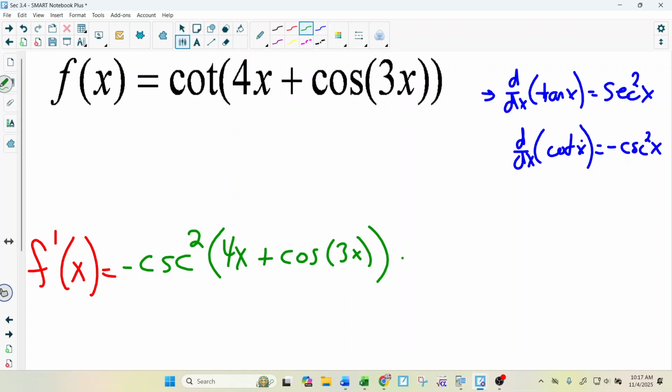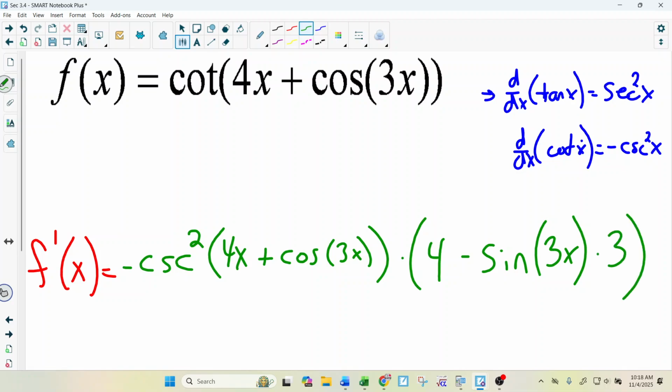Next, times the derivative of the inside. So now we go to the inside. The derivative of 4x is 4. The derivative of cosine of 3x: we have to do chain rule again because we have an inside part there. The derivative of cosine is negative sine. Inside stays the same, times the derivative.